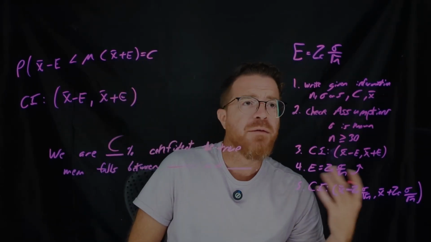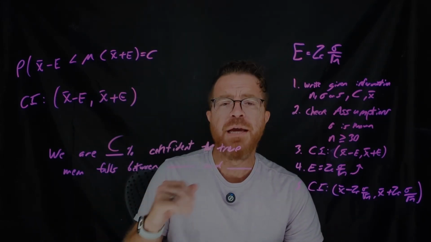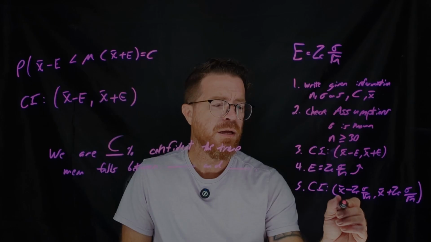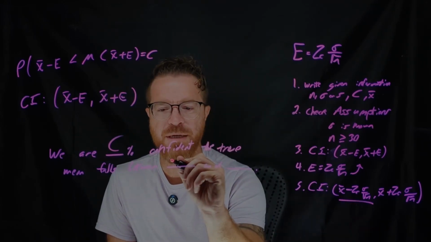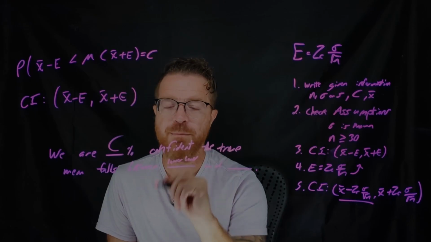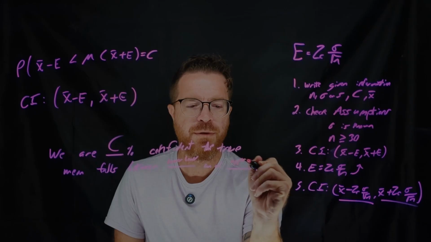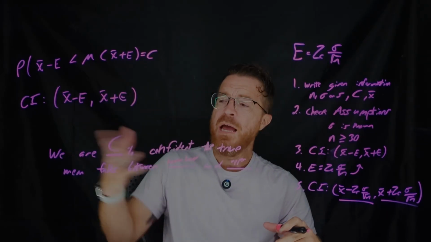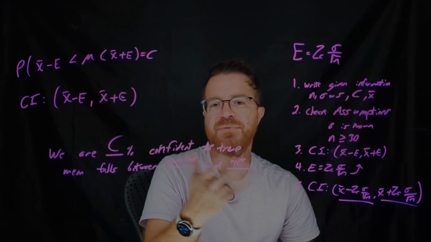So I'm 87% confident, we're 90% confident, we're 99% confident that the true value falls between your lower bound, so you'd plug that number in, and then this one would be your upper bound. So for example, you might say, I'm 95% confident that the true mean falls somewhere between 5 and 15, something like that.